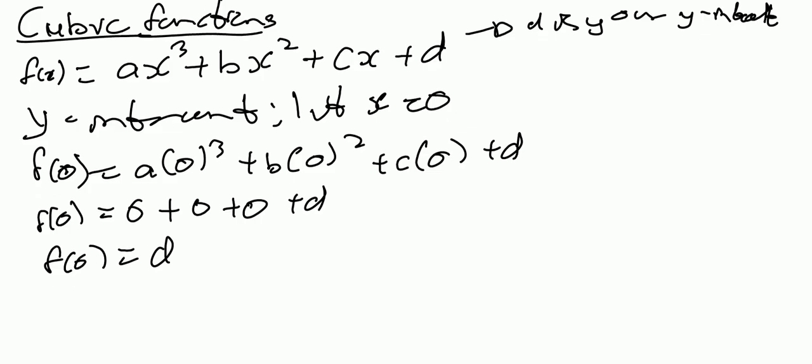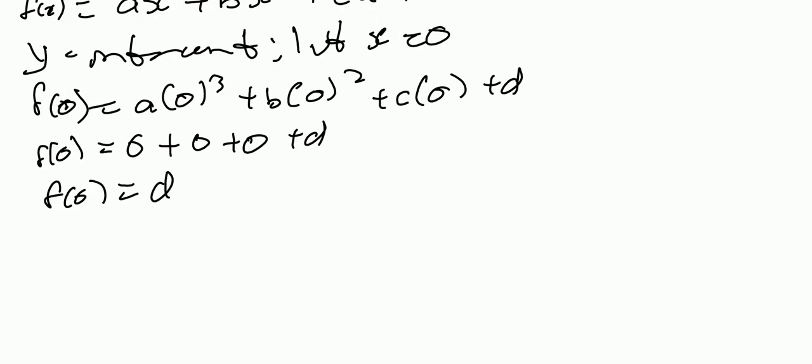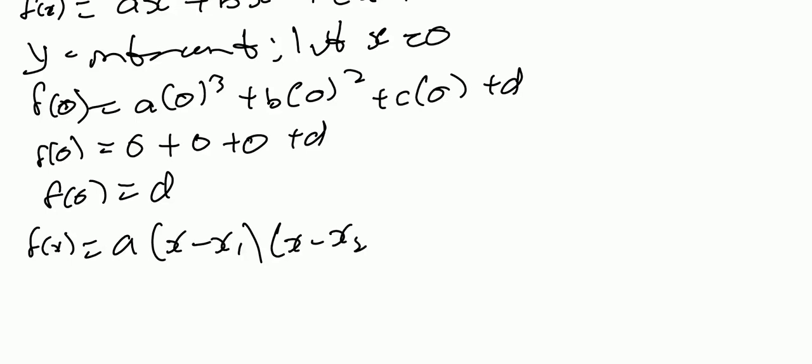So let's move on. Again, you can say your f of x is equal to a into x minus x1, x minus x2, x minus x3. When do you use this equation?